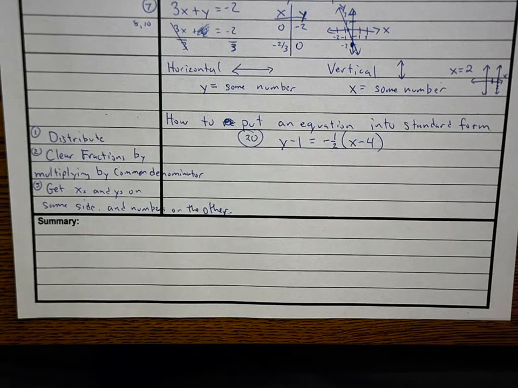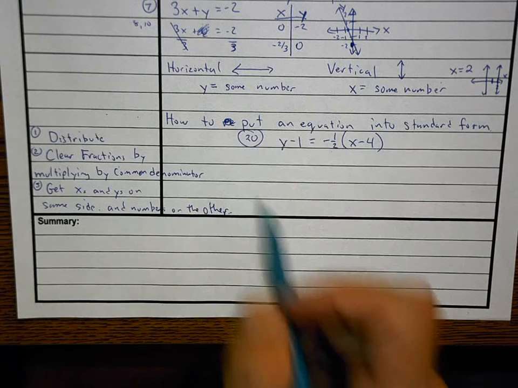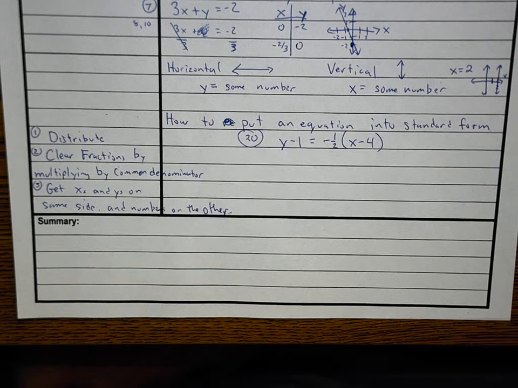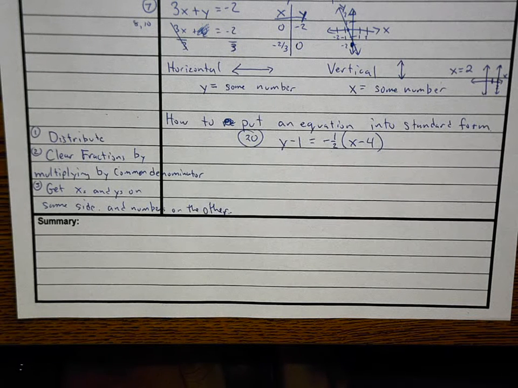This is what we covered last time. This is in point slope form. And what we're going to do is put this into standard form.